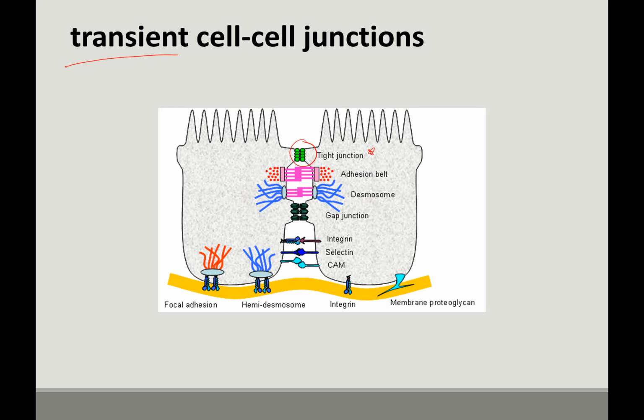What I'm supposed to be talking to you about, sorry, are these transient. So these are much less strong junctions. They help promote cell-cell adhesion, but they're more generalized.